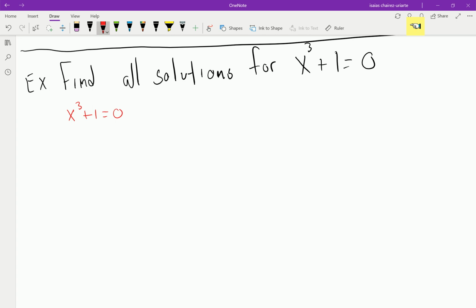I'm going to try to solve for x. That says x cubed is equal to negative 1, so x is equal to the cubic root of negative 1. But let me think about it as a complex number. That's the cubic root of negative 1 plus 0i.